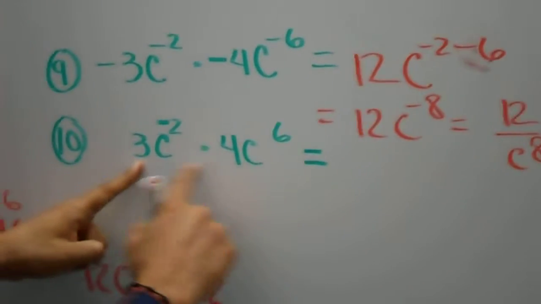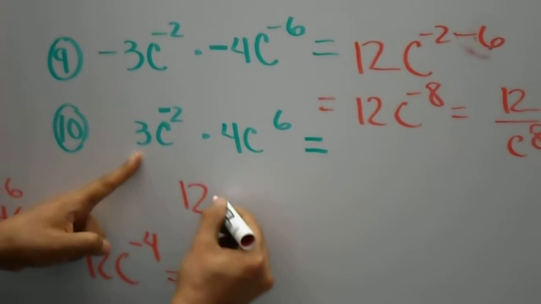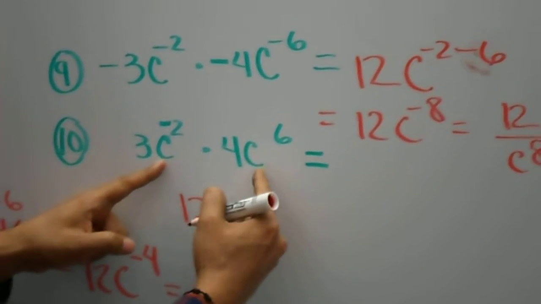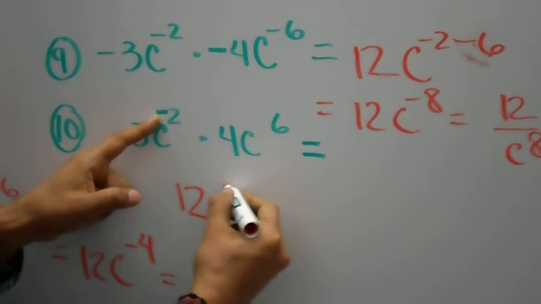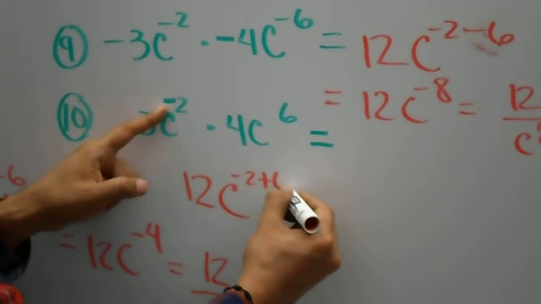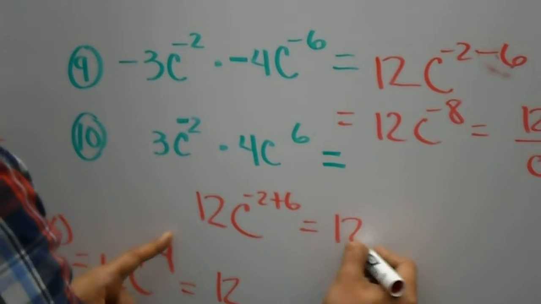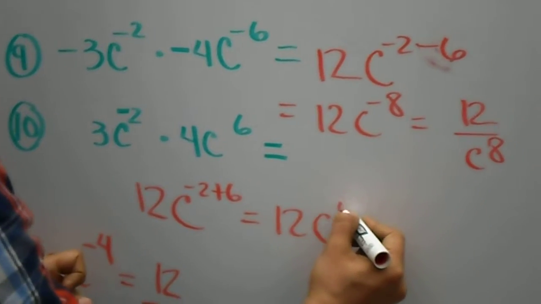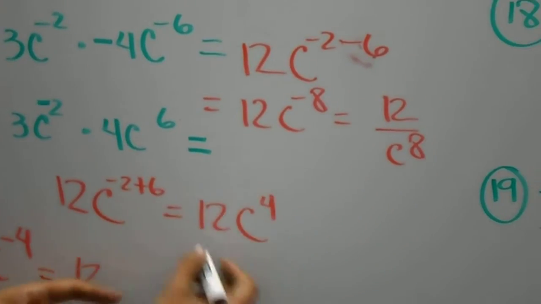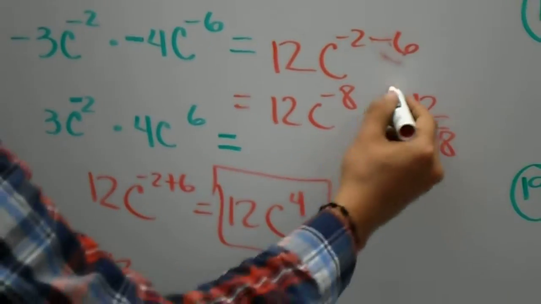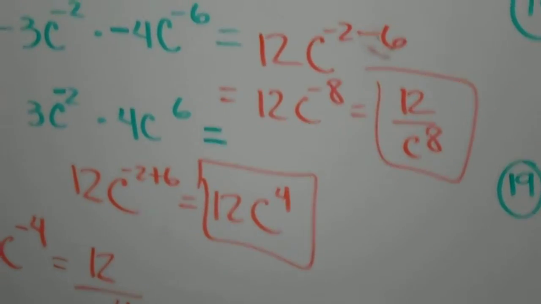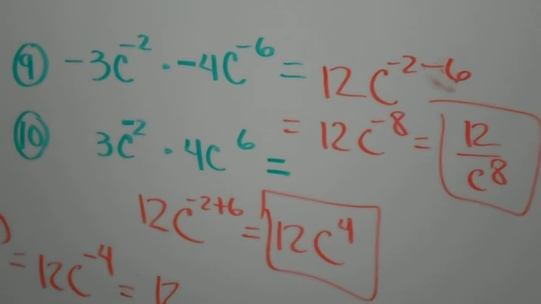Number 10, 3 times 4, that's positive 12. You have a c, so you're going to add the exponents. Minus 2 plus 6. This becomes 12c to the 4th, and that's positive. So these are the answers for number 9 and number 10.